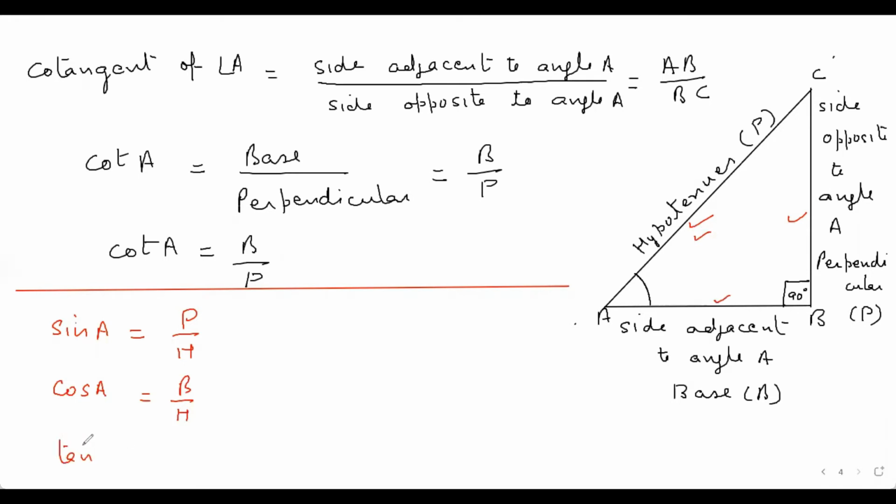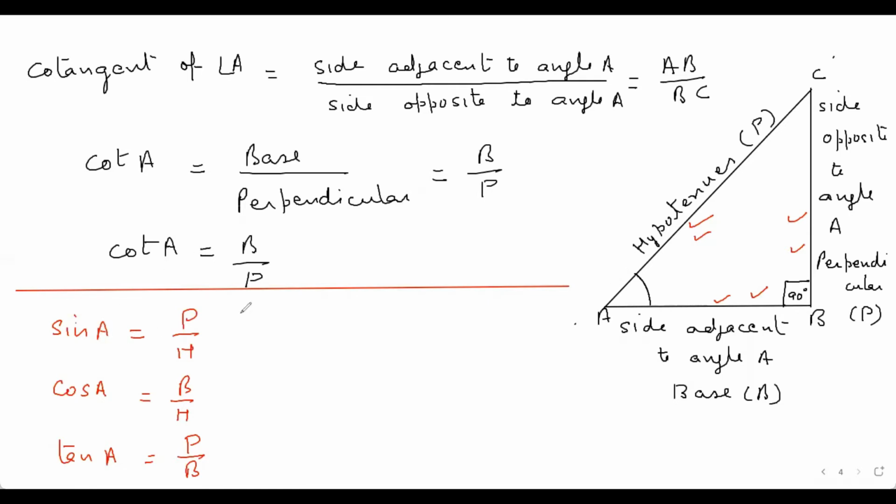Tan A is equal to P by B. P means perpendicular and B means base. Sin A is BC by AC, cos A is AB by AC, and tan A is BC by AB.